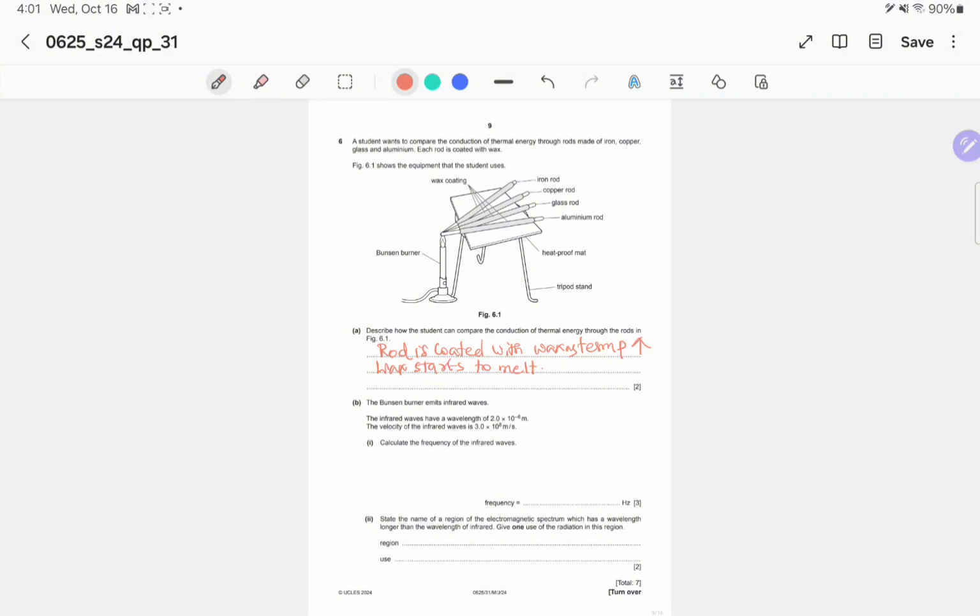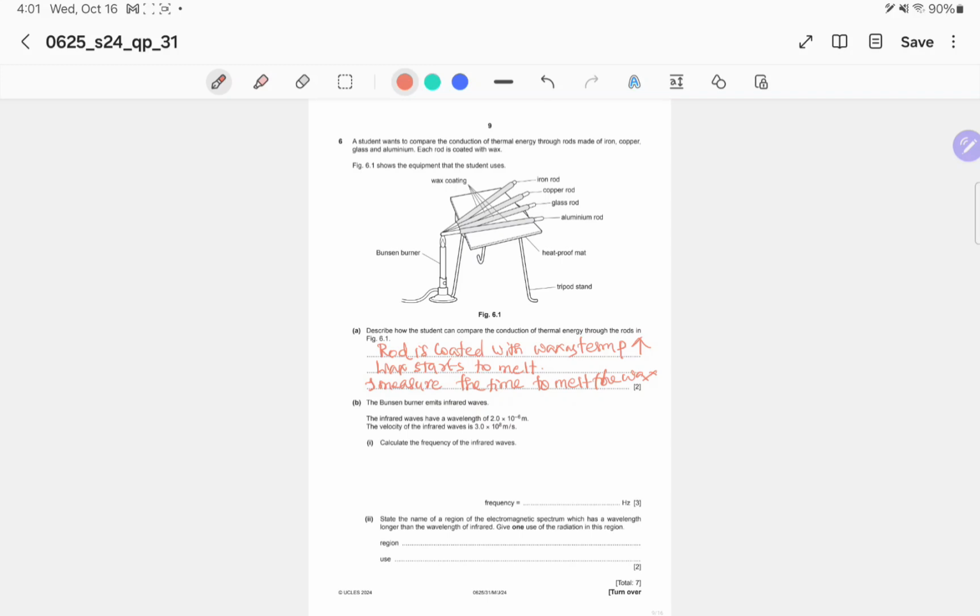Measure the time to melt the wax. This is one method of seeing how quickly it melts.